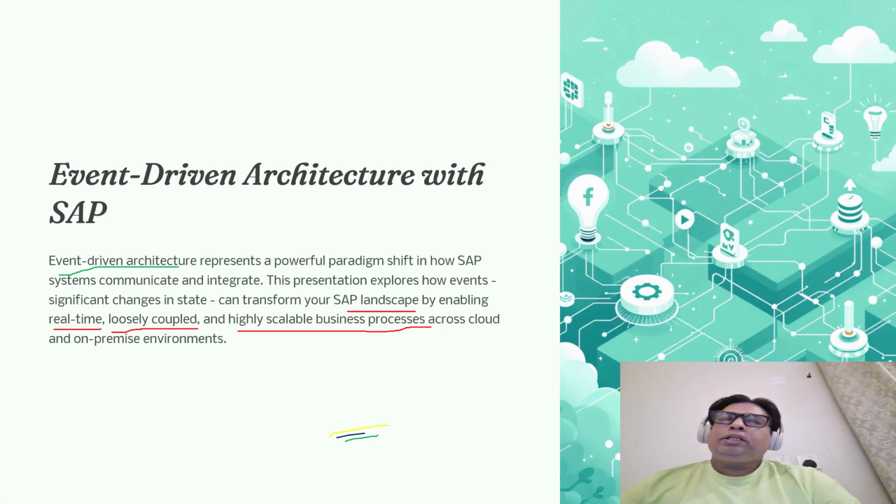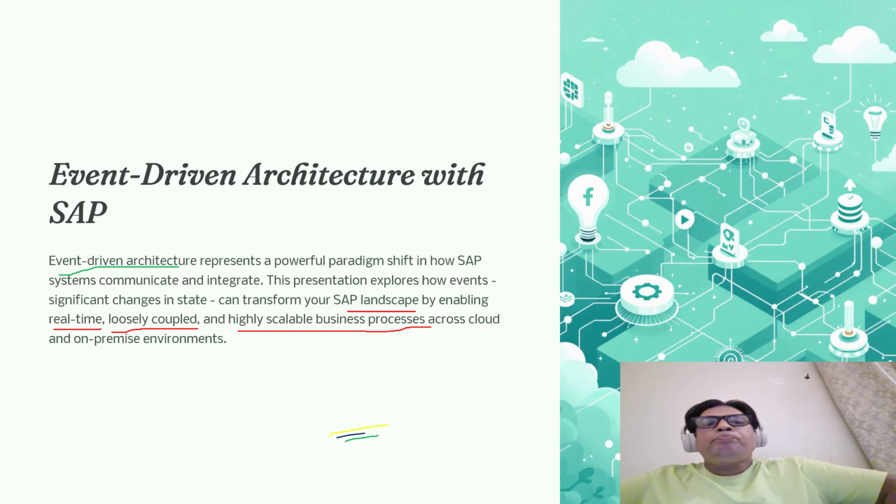One more point: we have two types of event mesh available. One is the basic event mesh. For example, if I want to transfer a file from a non-SAP system to an SAP system, I can use an event mesh to do that, or I can transfer a file from SAP through Cloud Integration Suite to a non-SAP system by configuring the event mesh.